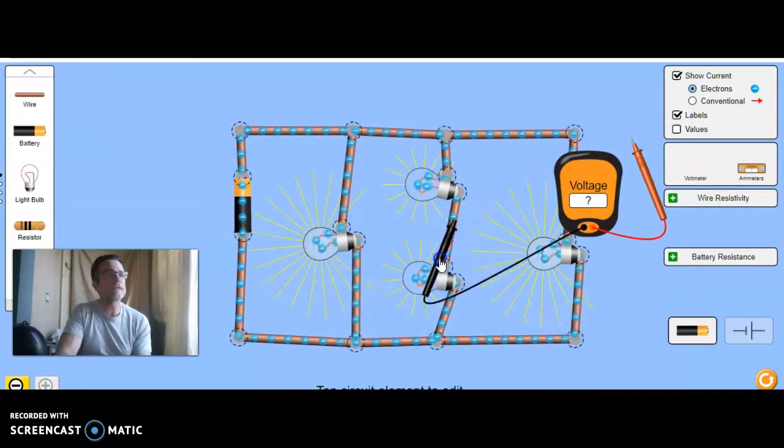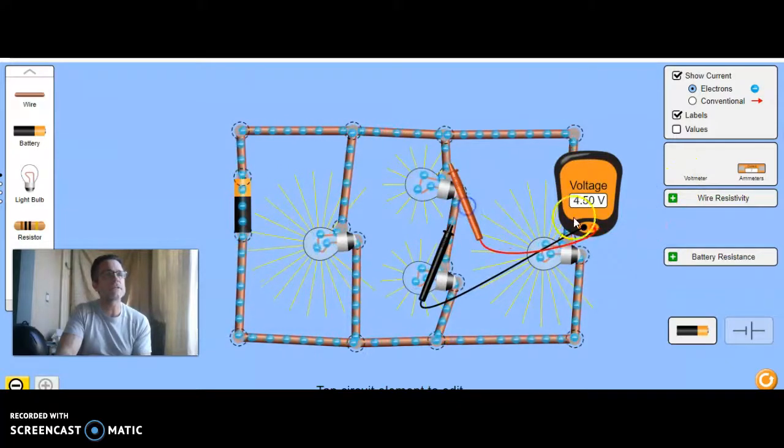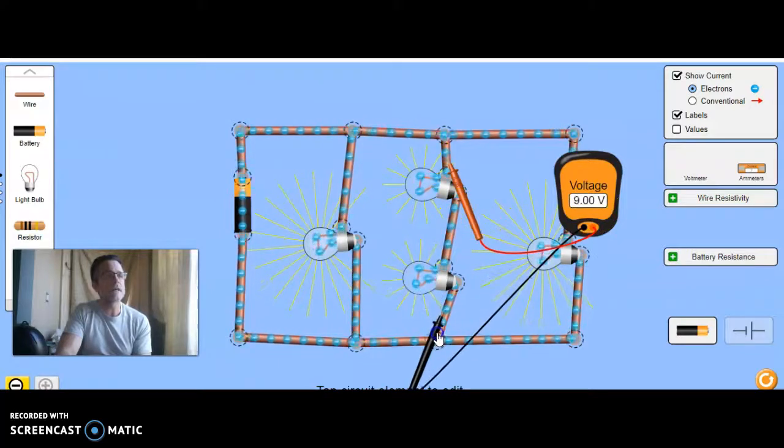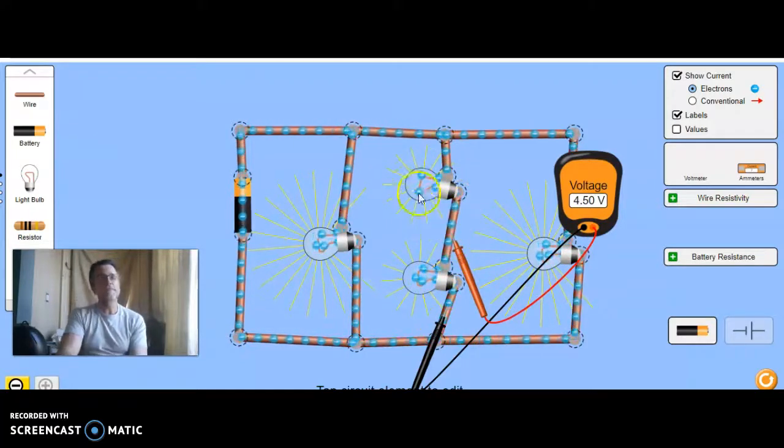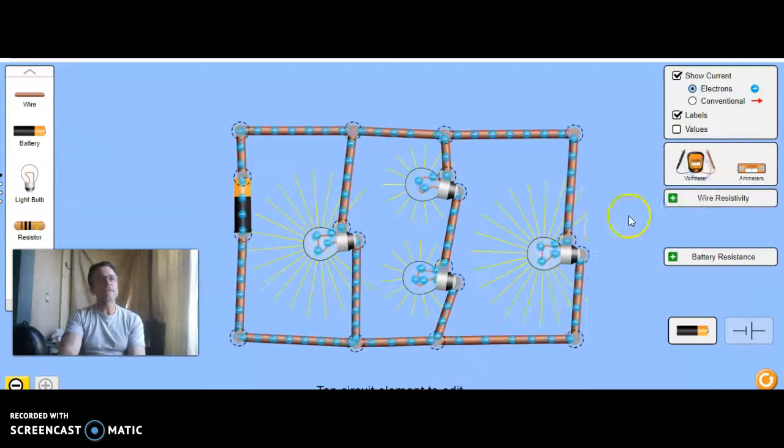We've got on one side, and then the other side we can make the connection, 4.5 volts across that one, and then 9 volts if I'm looking at both, and 4.5 for this one down here. So they have to share that 9 volts. In that way, these bulbs wouldn't be as bright as this one here or that one over here. So that's a little tour around some ideas behind parallel circuits.